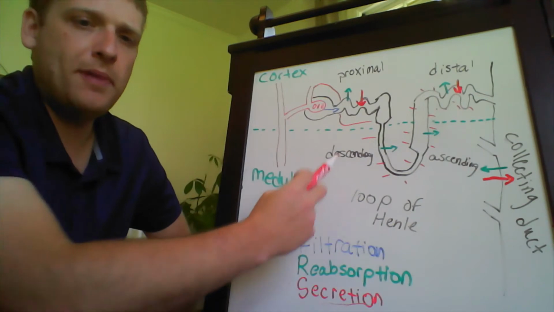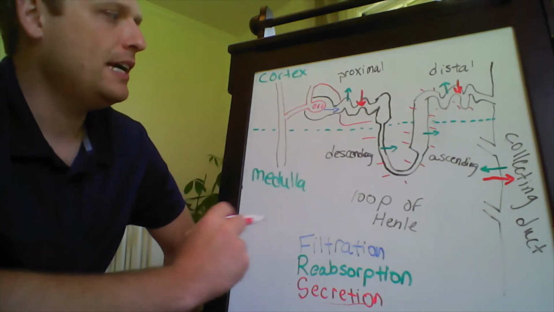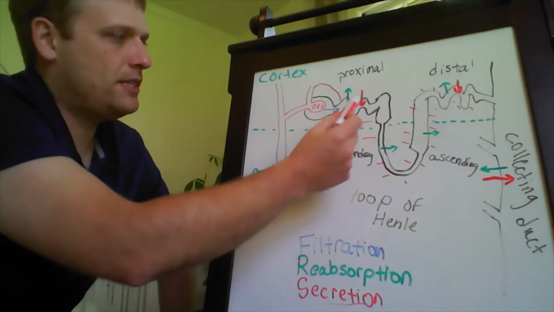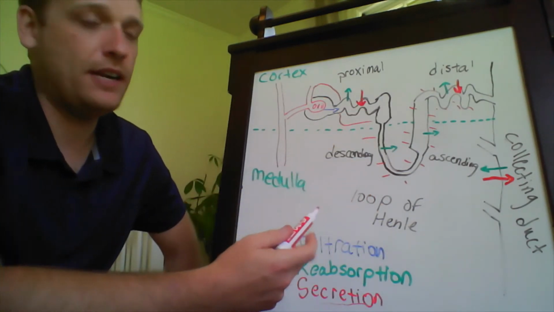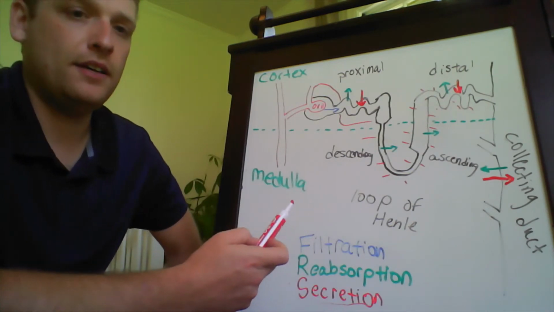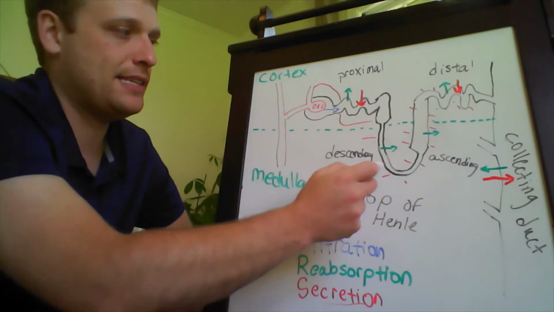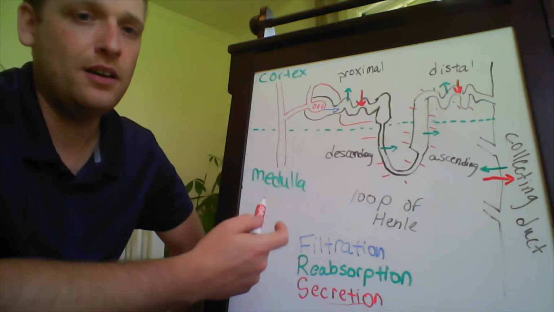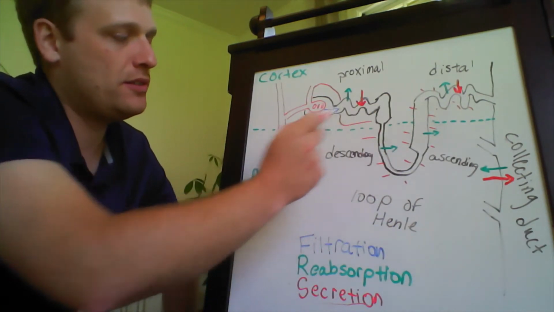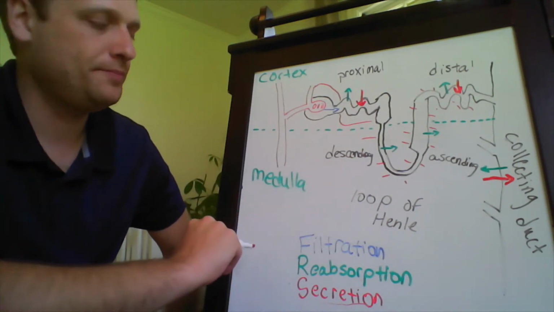So what you may also notice about this nephron that I've drawn is that there's some places where the nephron appears skinnier than others. And the reason for that discrepancy, the difference in the size of different parts of the nephron, is because the cells of the walls of these tubules are different in different places of the nephron.